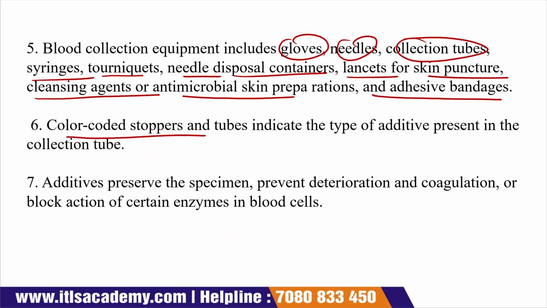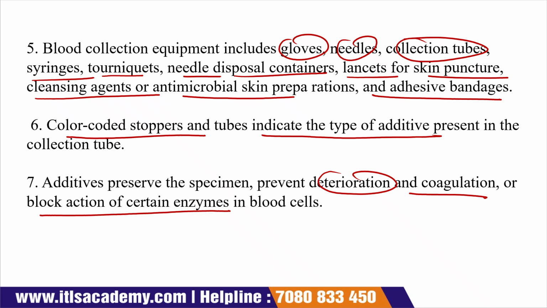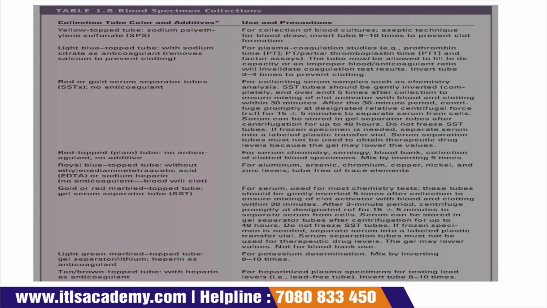Color coded stoppers and tubes indicate the type of additive present in the collection tube. Additives preserve the specimens and also prevent deterioration, coagulation, or the blocking action of certain enzymes in blood cells. So these are the tables which show blood specimen collection and the uses.